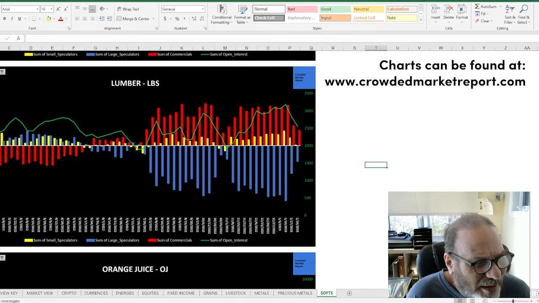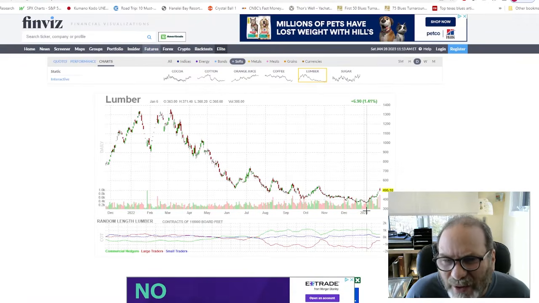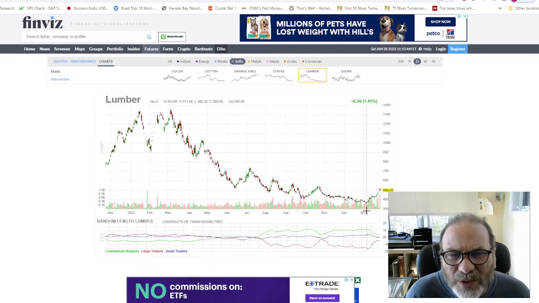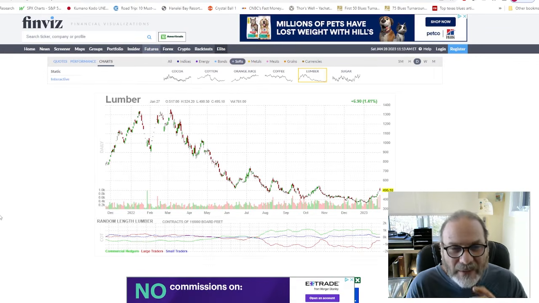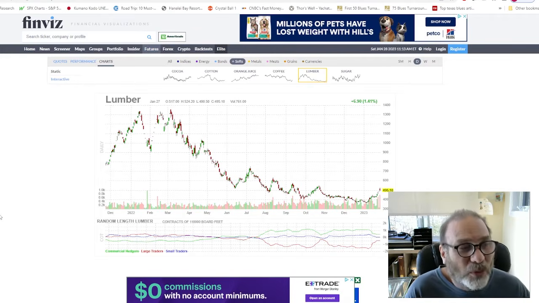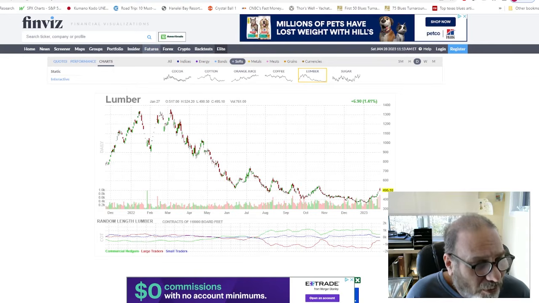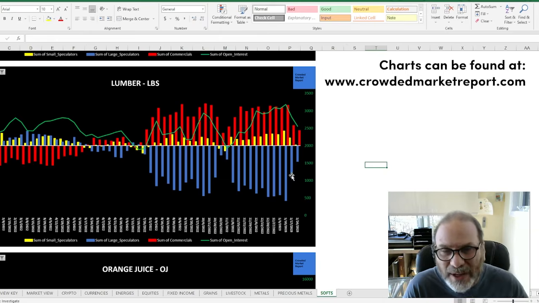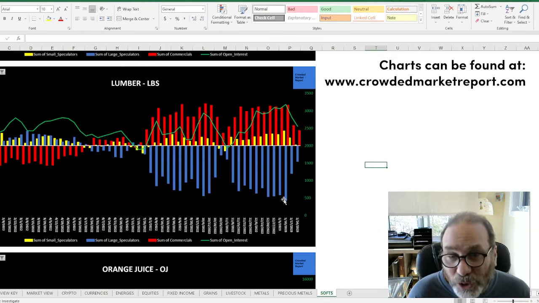And that, quite frankly, is exactly what happened on this day right here, which was the low in lumber, right? This was on January 6th, and there was a housing number that came out that was extremely negative, and lumber gapped down, made a new low, closed up on the day. That's market confirmation, and that's market confirmation in a market that is showing people massively short. That's how I trade, okay? And that's how I use the COT.